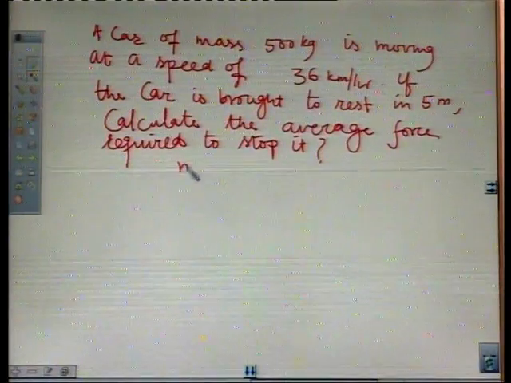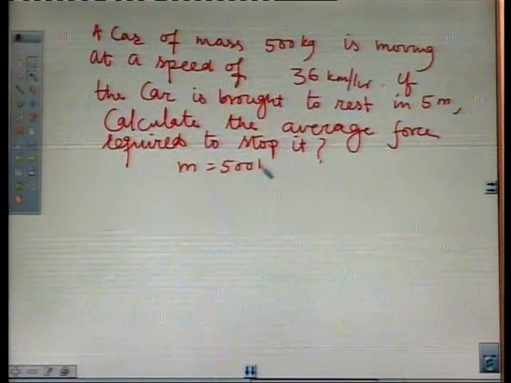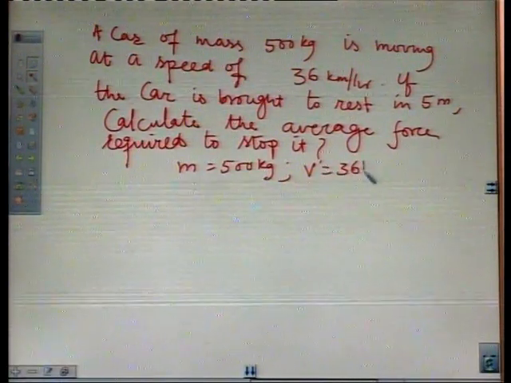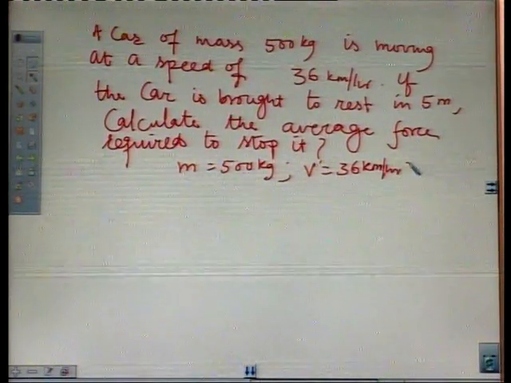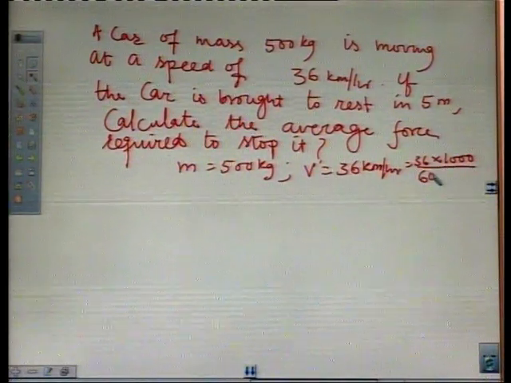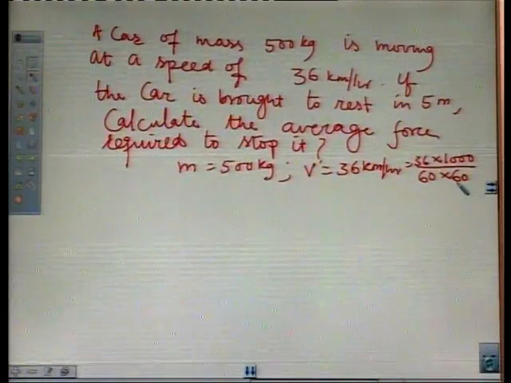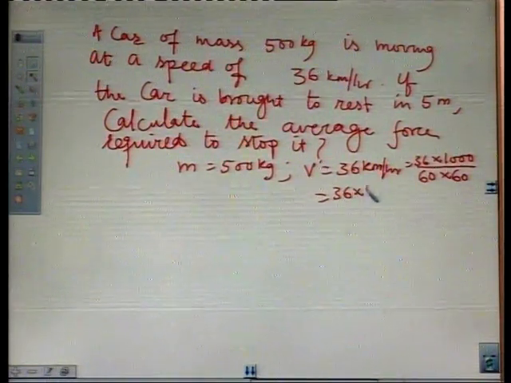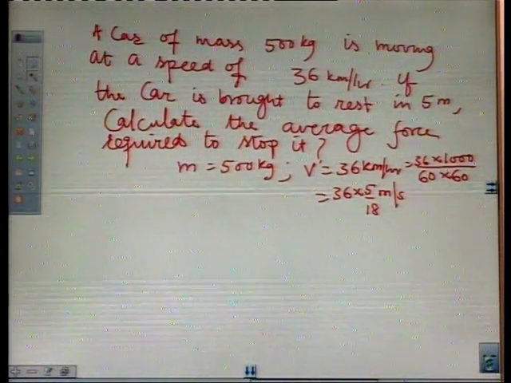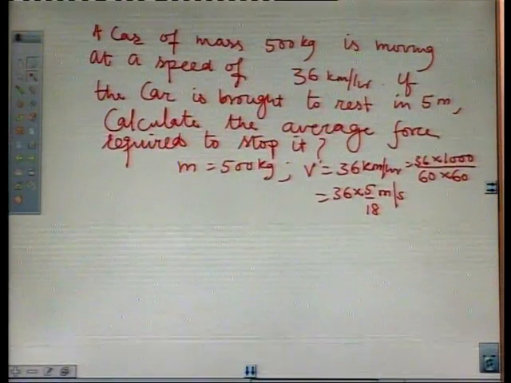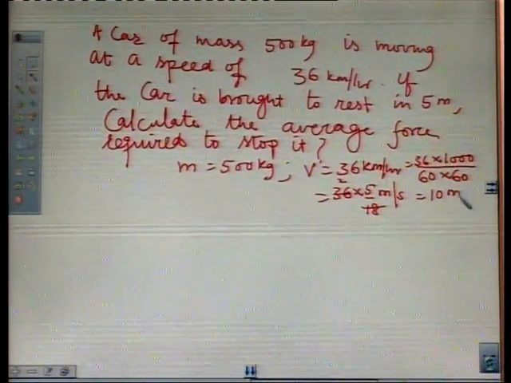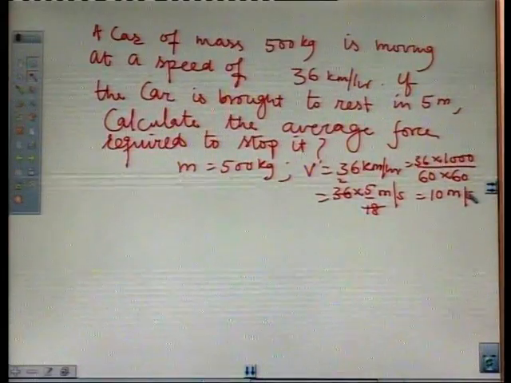So, you are given mass of the car to be 500 kg, speed of the car 36 kilometer per hour. 36 into 1000 divided by 60 into 60, or you can directly write 36 into 5 by 18 meter per second, because 1000 divided by 3600 gives 5 by 18. 18 twos are 36, so 10 meter per second is the speed of the car.